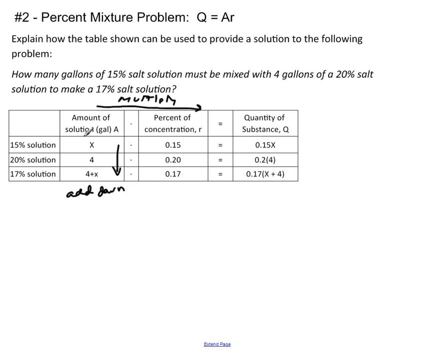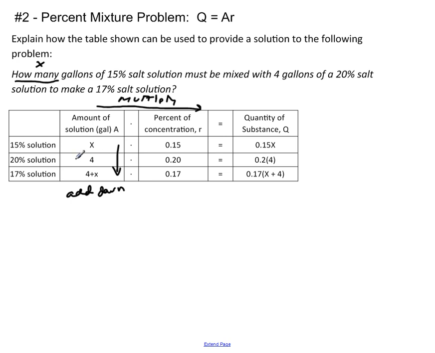As we can see, we're not told how many gallons of our 15% solution. In fact, we're asked how many. When you see how many listed, then we're going to say, well, X amount, because we don't know. Right? So X gallons of the 15% solution.